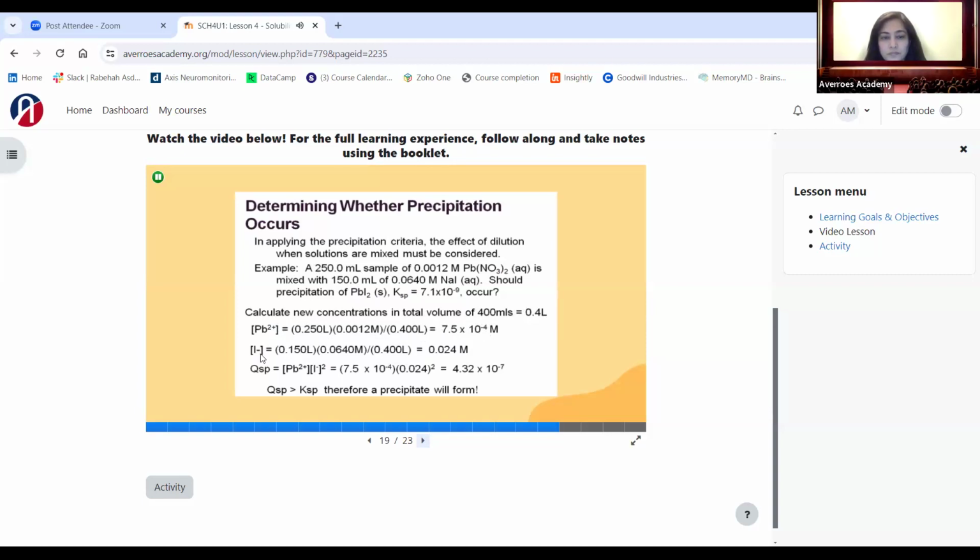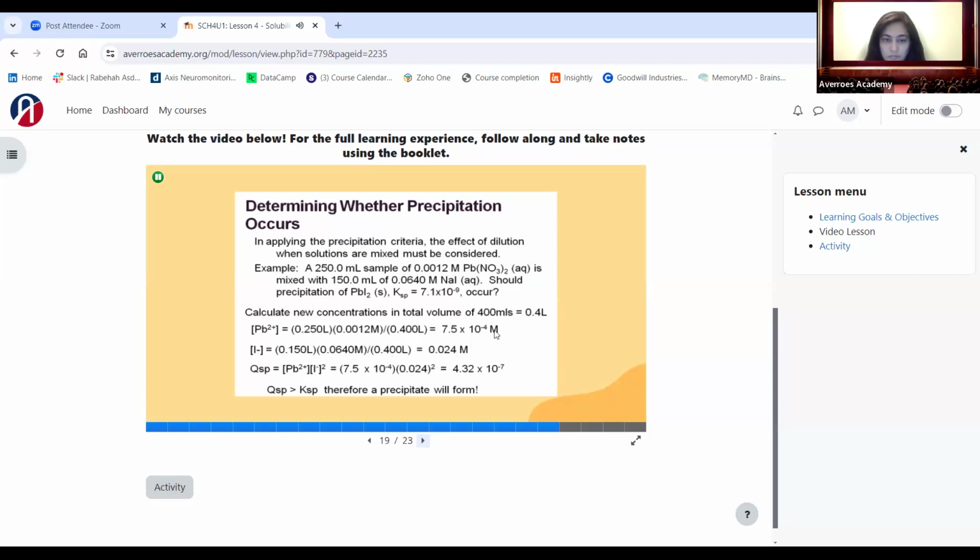The same thing for our iodide ion, 0.15 liters times 0.0640 moles, and divided by our total amount of liquid, 0.4, we get 0.024 molar.